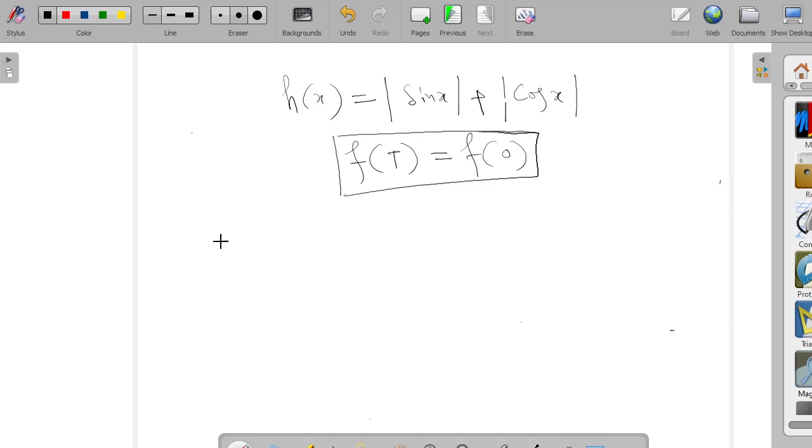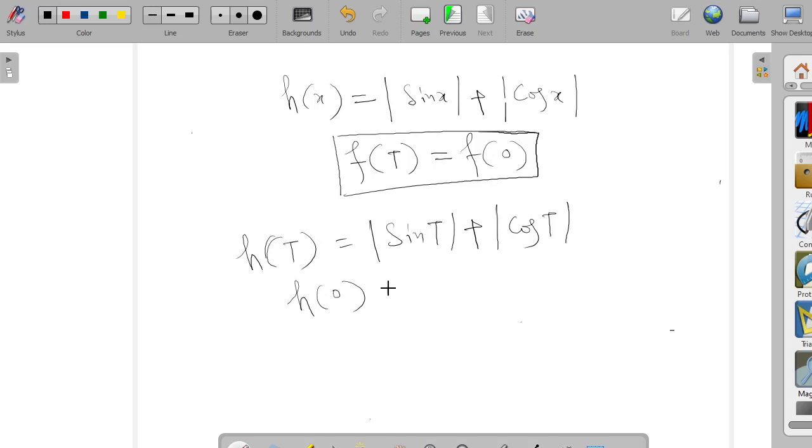So h(t) will give us mod of sin t plus mod of cos t, and h(0) will be mod sin 0 plus mod cos 0.